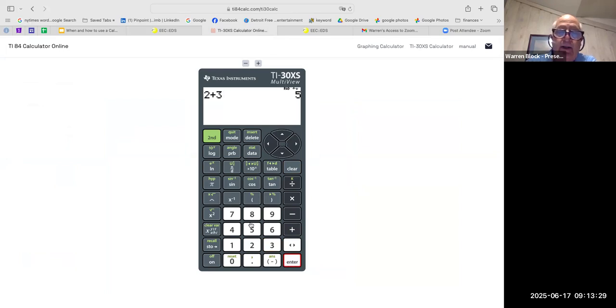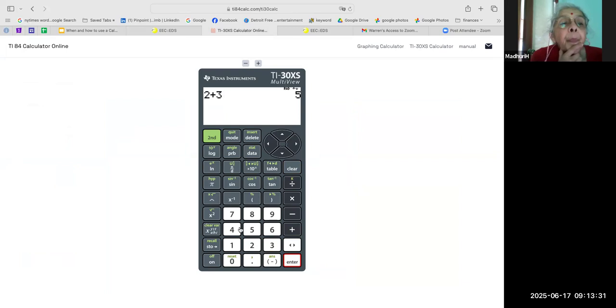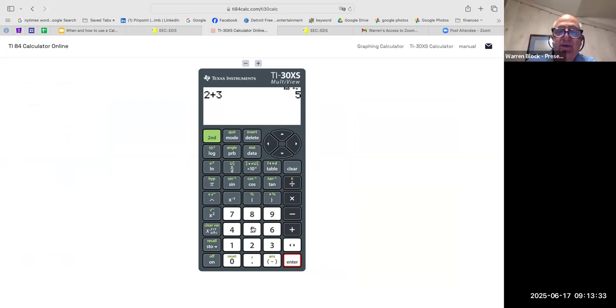Let's try 5 plus negative 4. You have to use the small negative sign on the bottom row. It says answer, then parentheses, negative, and 4, and enter.